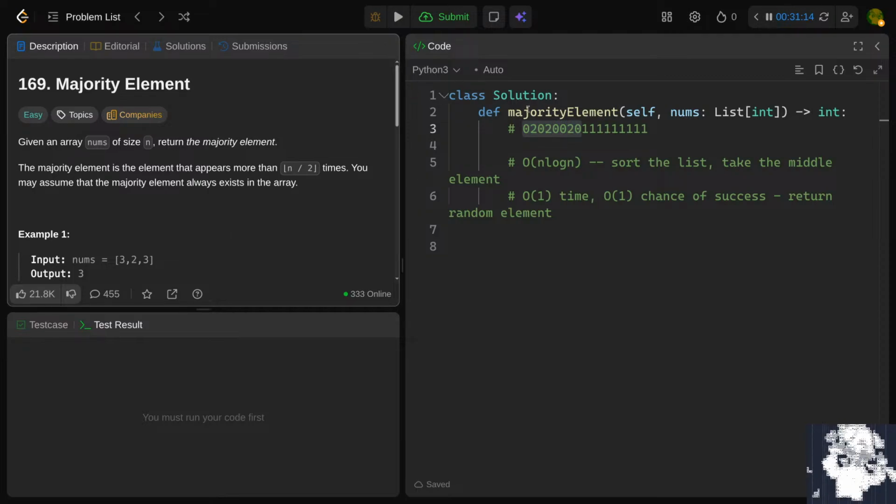I think there's something to be said for there can only be 2 candidates, which means I only need to keep a count of 2 things. Candidate means that it takes up almost n over 2 of the elements.